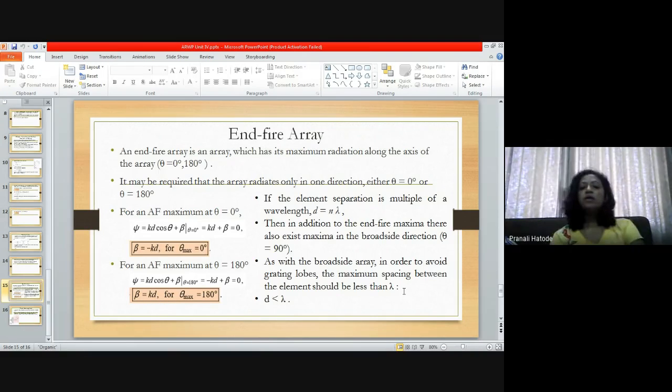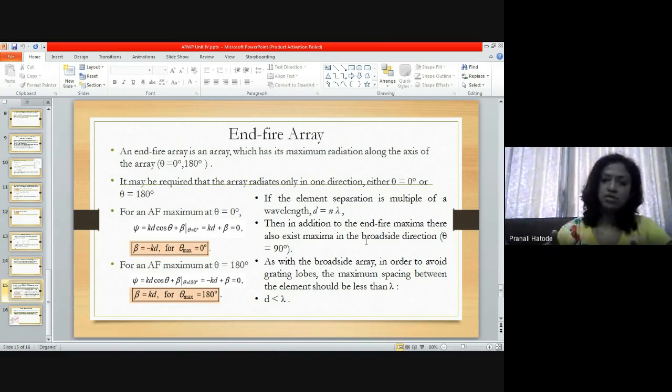Okay, now if the element separation is a multiple of the wavelength, that is d equals n into lambda, the distance between the elements is a multiple of the wavelength. In this case, what happens?